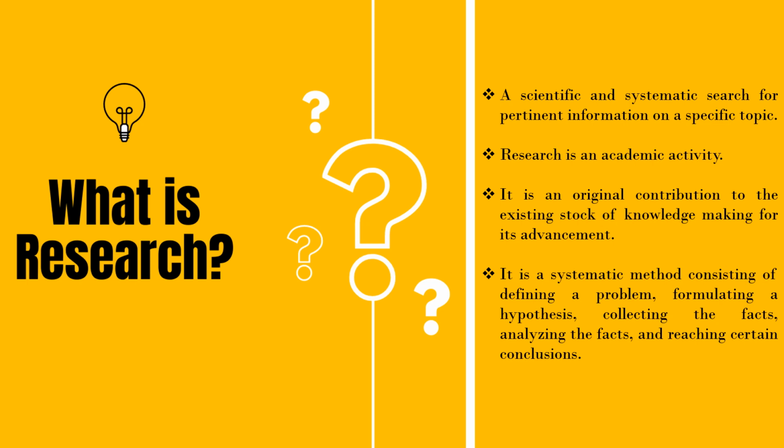And various scientists and various dictionaries have given some particular definitions to it, but what we require in our scientific work is that it is a systematic method involving first defining a problem, then on the basis of the problem formulating a hypothesis, and then collecting the facts or data, then analyzing the data, then getting to some conclusions, and those conclusions may be solutions, or maybe generalization of a theoretical formulation.